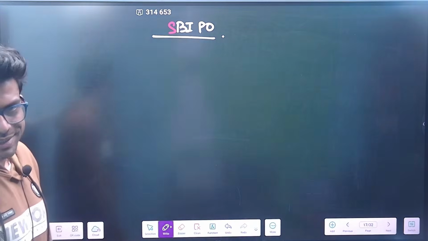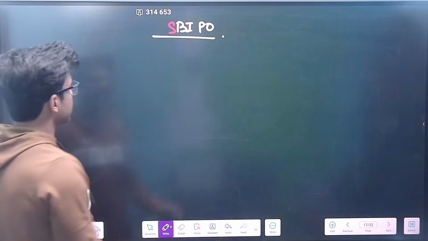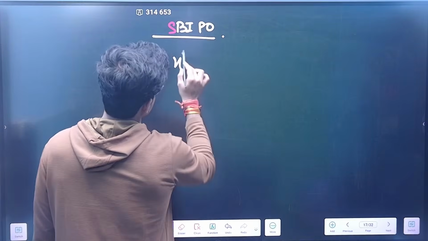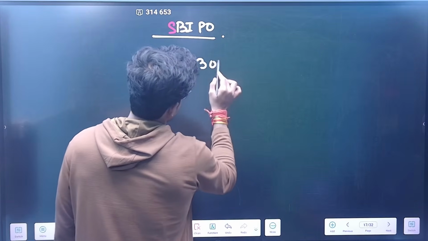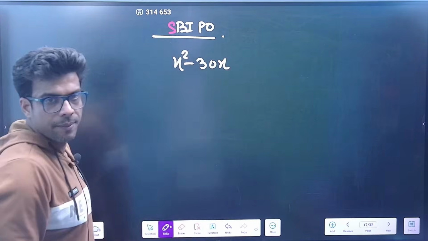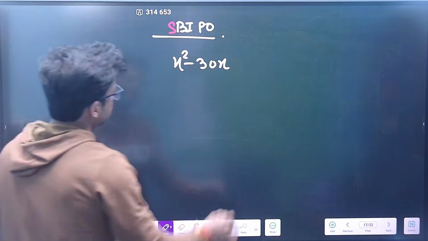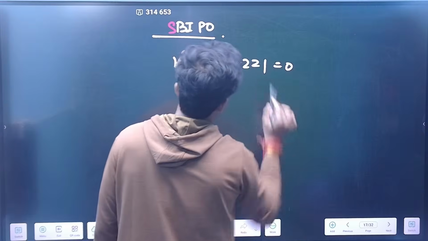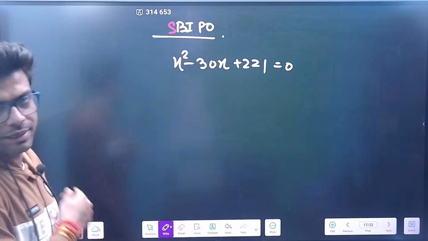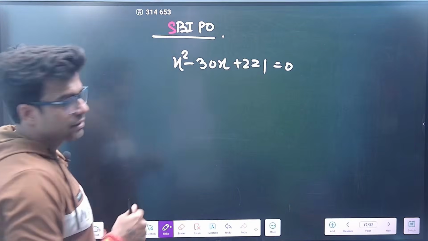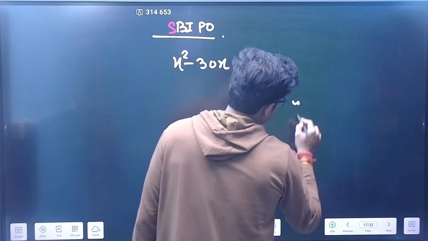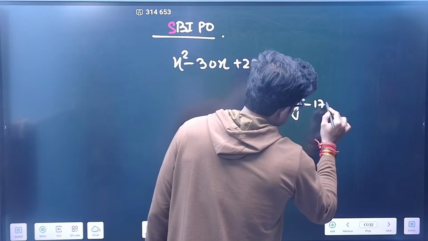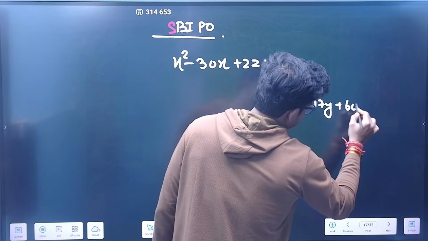The question is x square minus 30x plus 221 is equal to 0. And the second is y square minus 17y plus 60 equals 0.